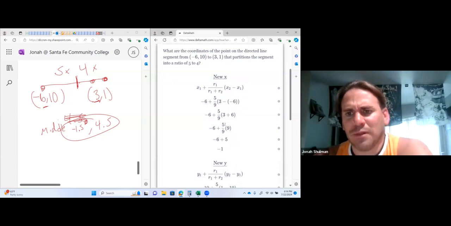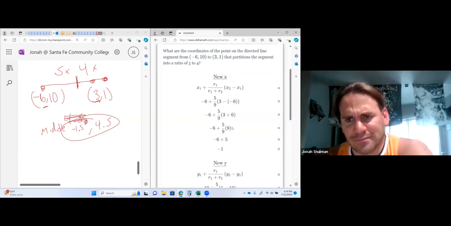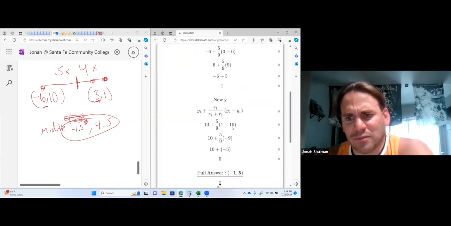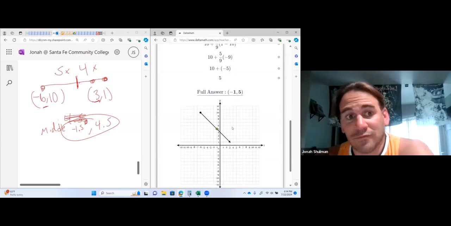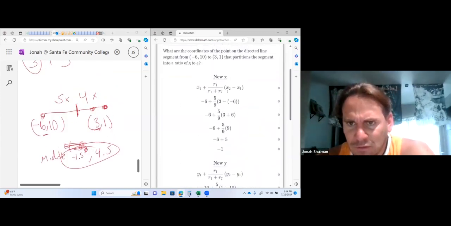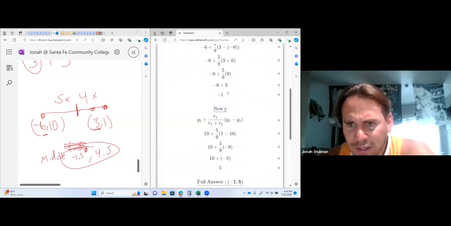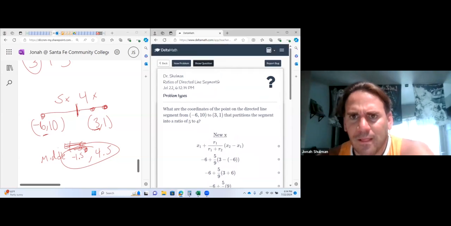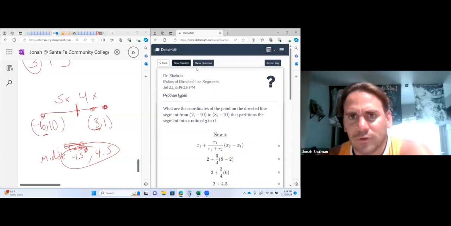So we have to multiply this by what? 5/9. Then we have to multiply this by 5/9. Okay, so why is it 5/9? Is this one 5/9 also? The new x is 5 out of 9. The new y is 5 out of 9. Oops.